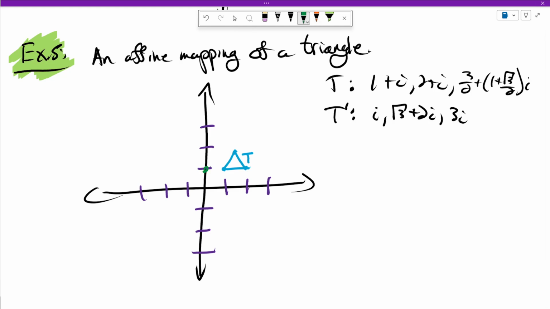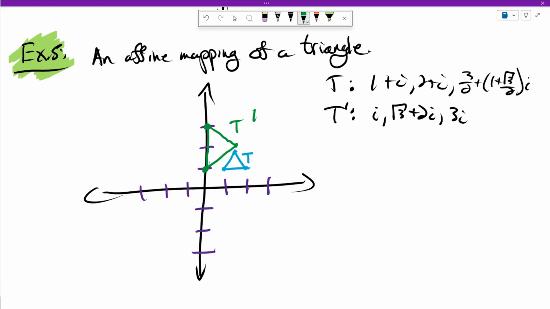So i is here, 3i is here, and then root 3 plus 2i is going to be about here. So here's our T prime. Okay, great. So what we want to do is find a mapping that takes T to T prime.